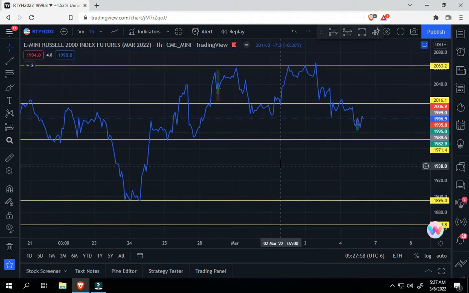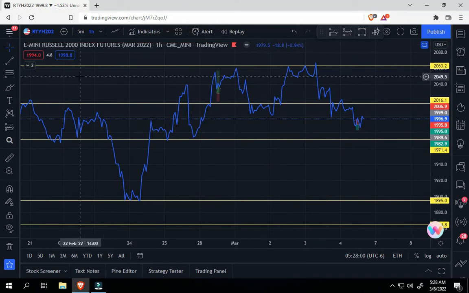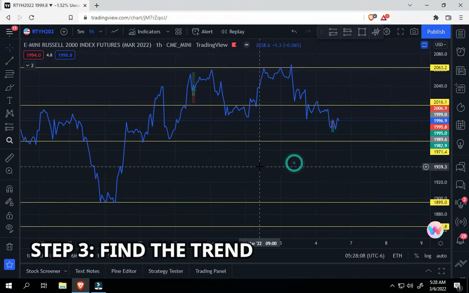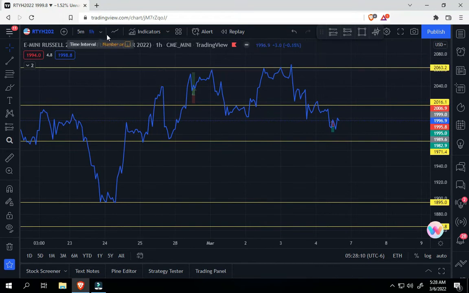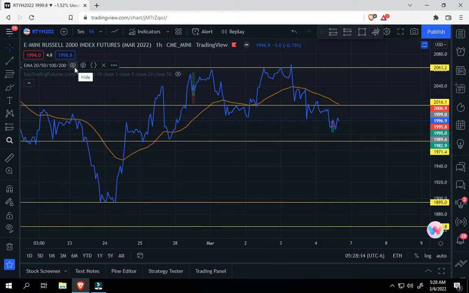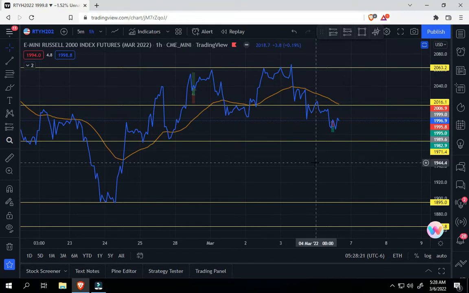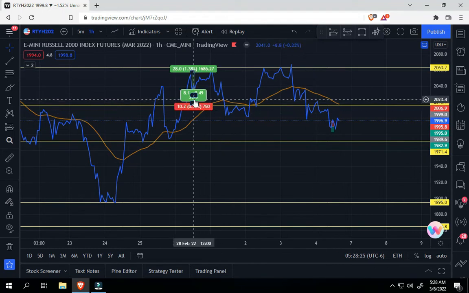All right, once you have that, you need to find the trend. The way we find the trend is by using the 50 EMA. The reason why we use the 50 EMA is because most day traders on YouTube are intraday traders, meaning they hold positions overnight.